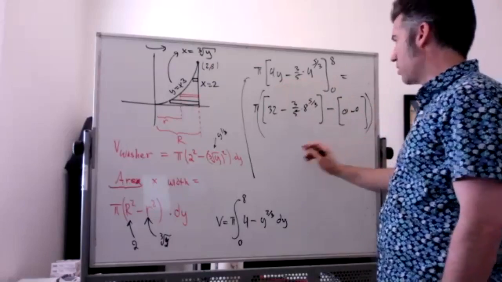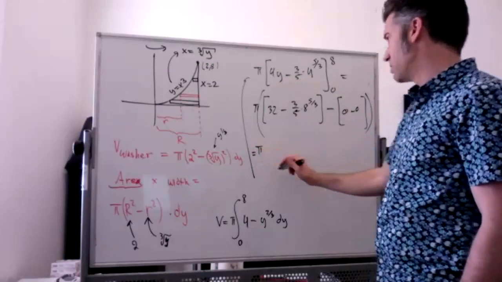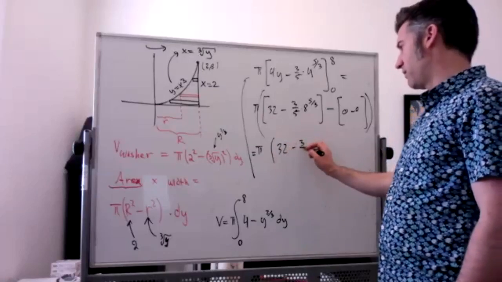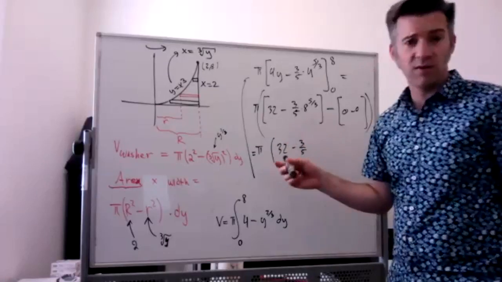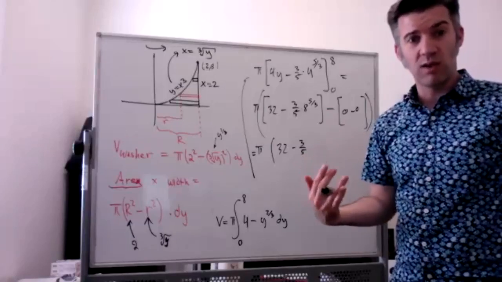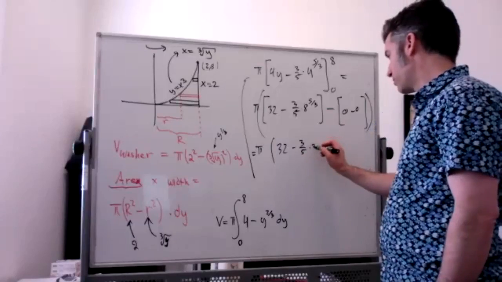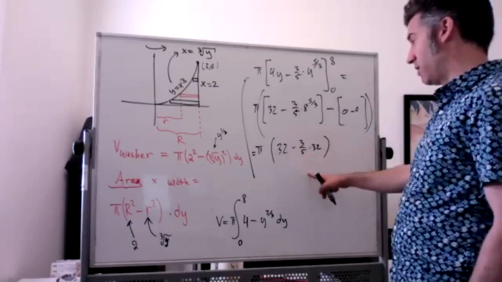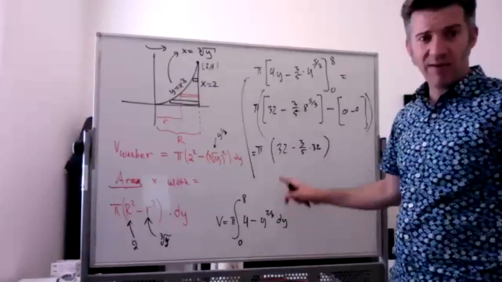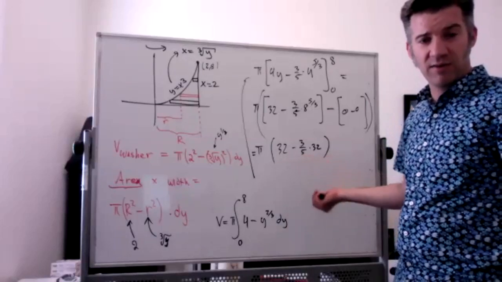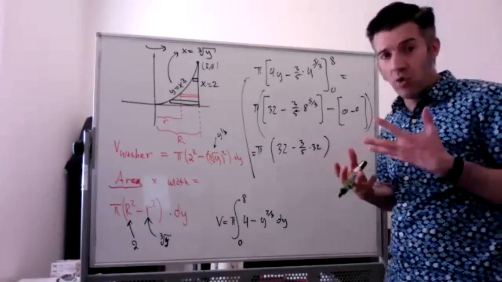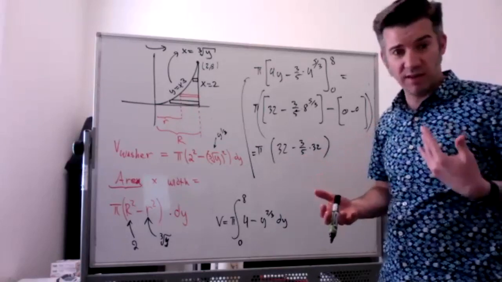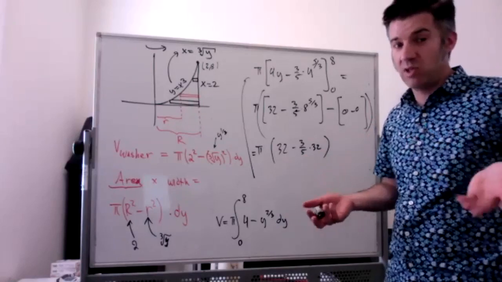So we end up with pi times 32 minus 3/5 of 8 to the 5/3. 8 to the 1/3 is 2, and 2 to the 5th is 32. Now, instead of doing something silly like getting a common denominator, look what I've got: 32 minus 3/5 of 32. If I have a whole thing, 32 in this case, and I subtract off 3/5 of it, I'm left with 2/5 of it.